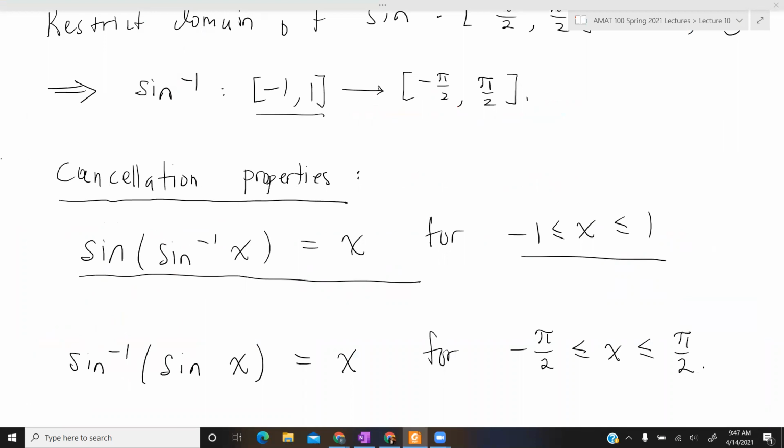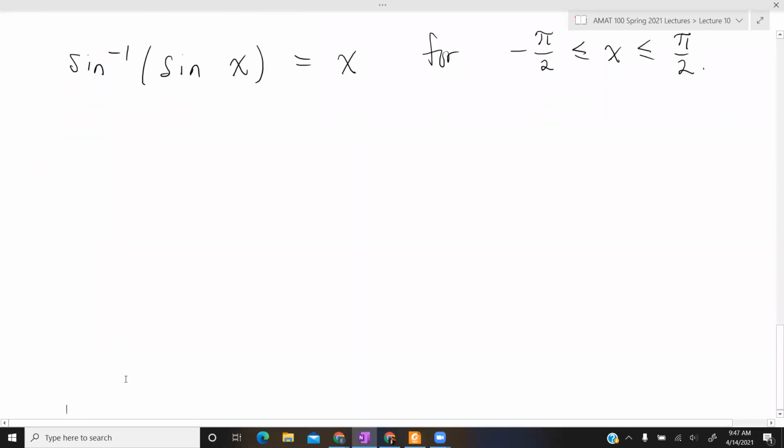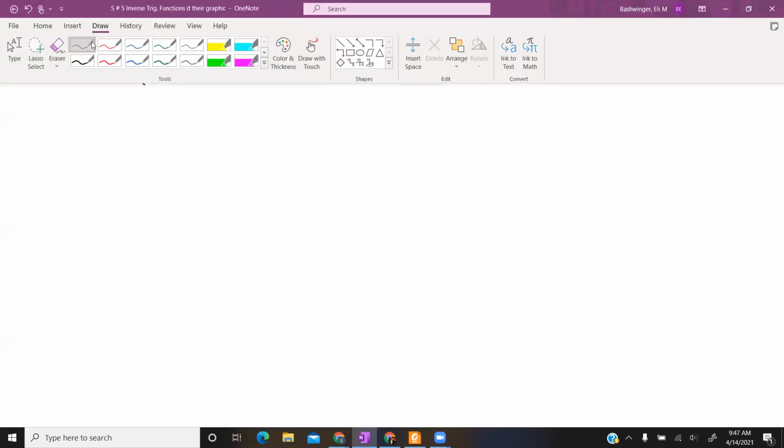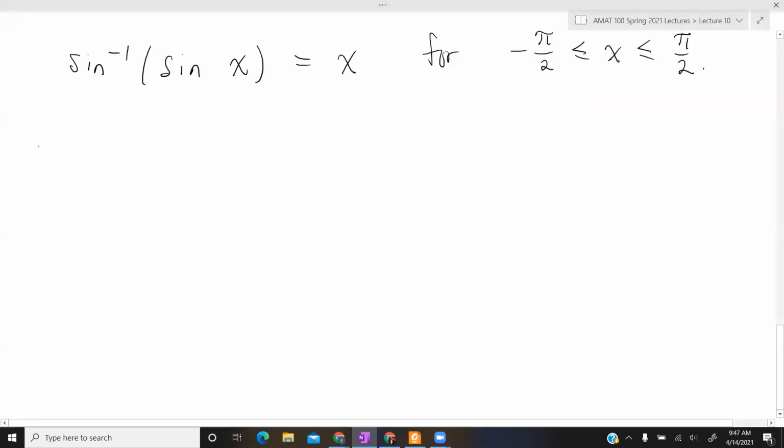So we've been talking very abstractly and generally. Let's look at some examples and do some computations to get used to the definition of inverse function, because we haven't looked at these in a while, and also the definitions of the trig functions.